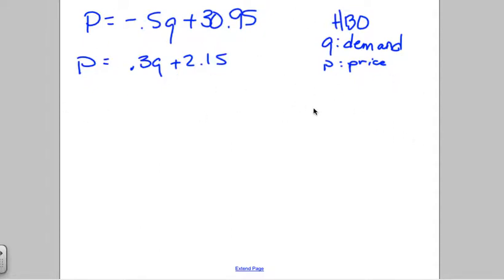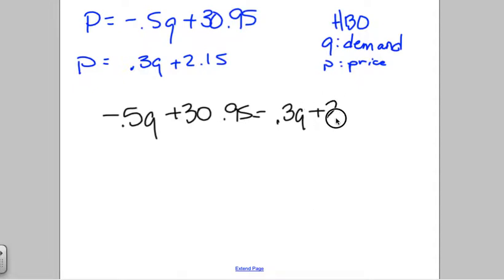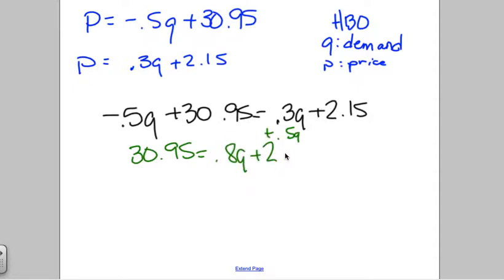Well, equilibrium is the exact same thing as my break even, except we're talking about price and quantities. So I have my equilibrium where these two equations are equal. So I'm just going to plug these in equal to each other and solve for my Q, solve for my quantity. So I'm going to add 0.5 Q to both sides. So I have 30.95. When I add 0.5, I get 0.8 Q plus 2.15.